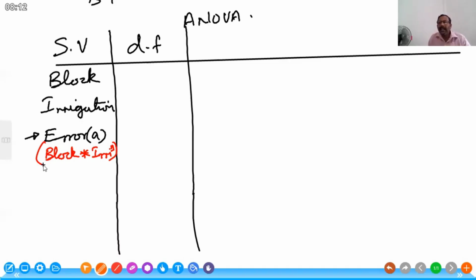So you can say error A. It's one type of error. Error A or first error, indicating there are two types of error. Good. Maybe Arosha, good. What is next, Arosha? Nitrogen. Nitrogen. I will put it in black color.